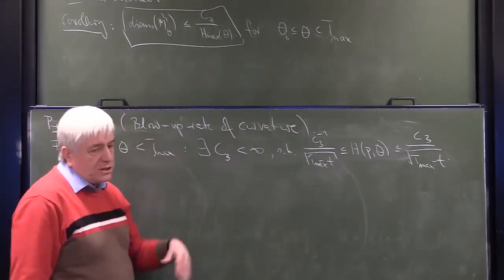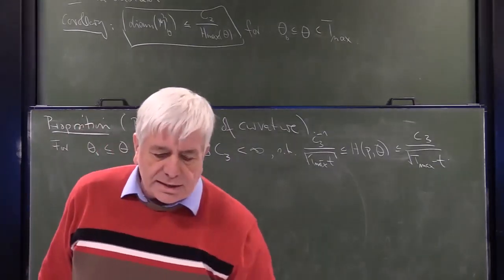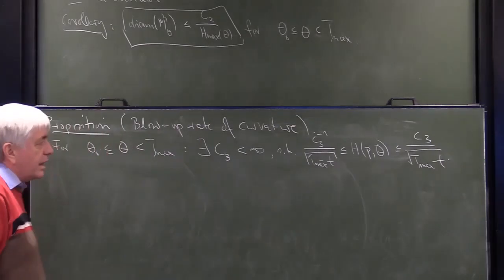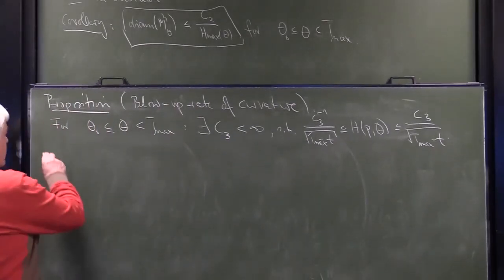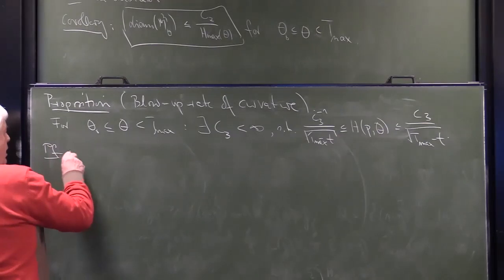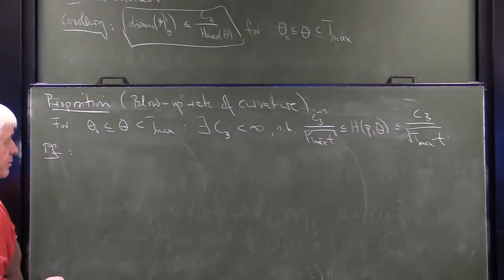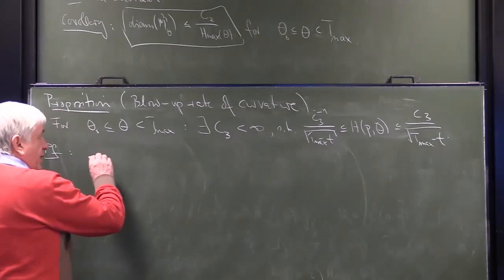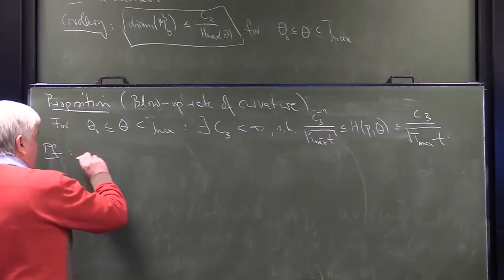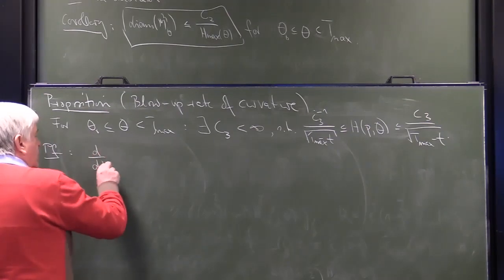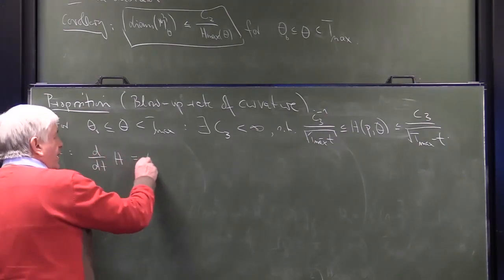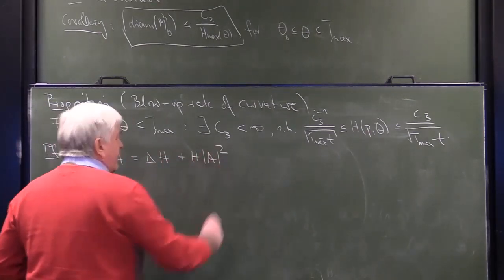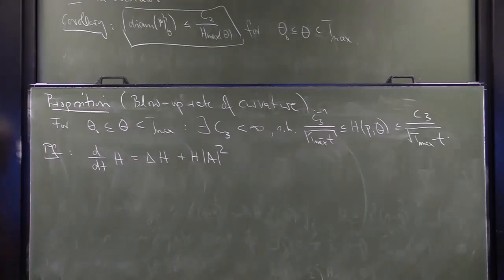So this proposition says that in the convex case, we have exactly the same blow-up rate as the sphere has and as the cylinder has. And the proof: we can use the comparison principle to get a lower bound on the maximum of the mean curvature. So consider the evolution equation of h. This is the Laplacian of h plus h times the square of the second fundamental form.